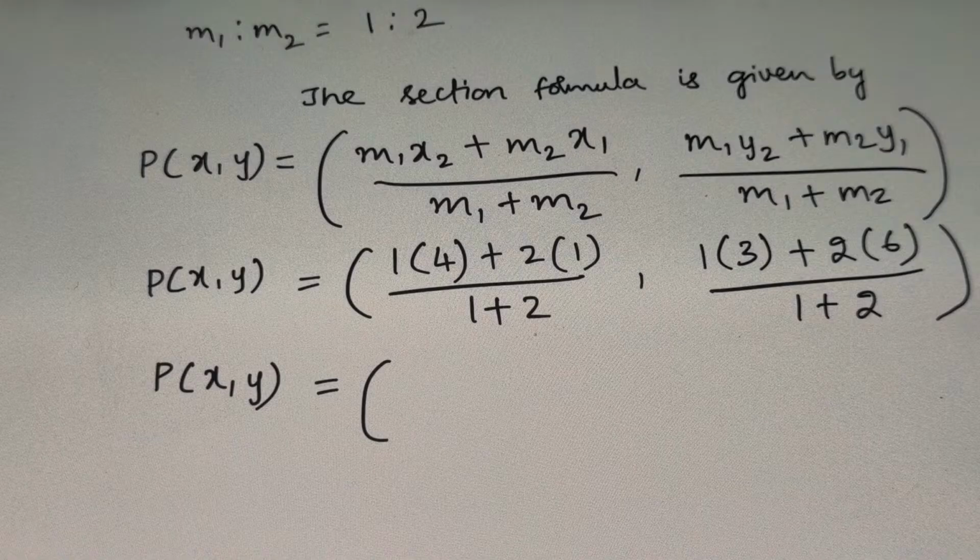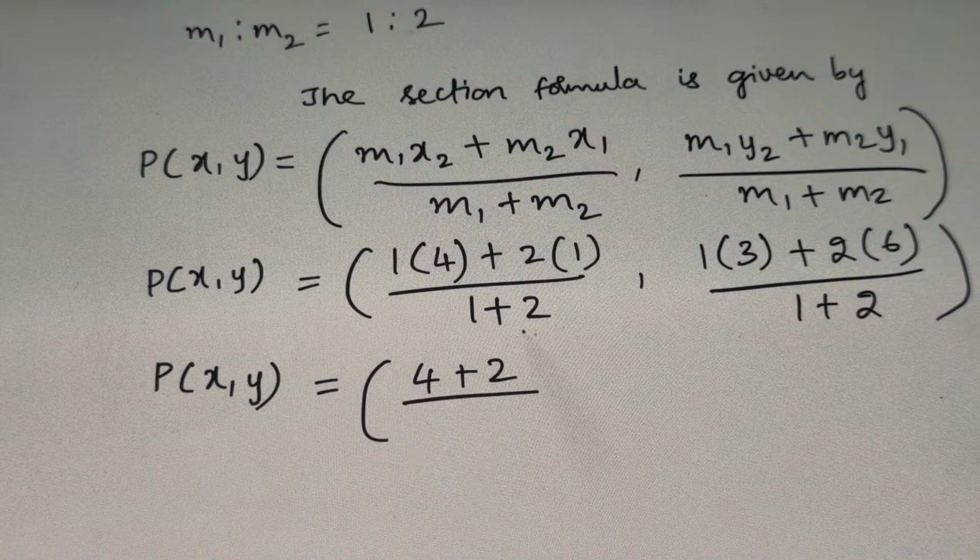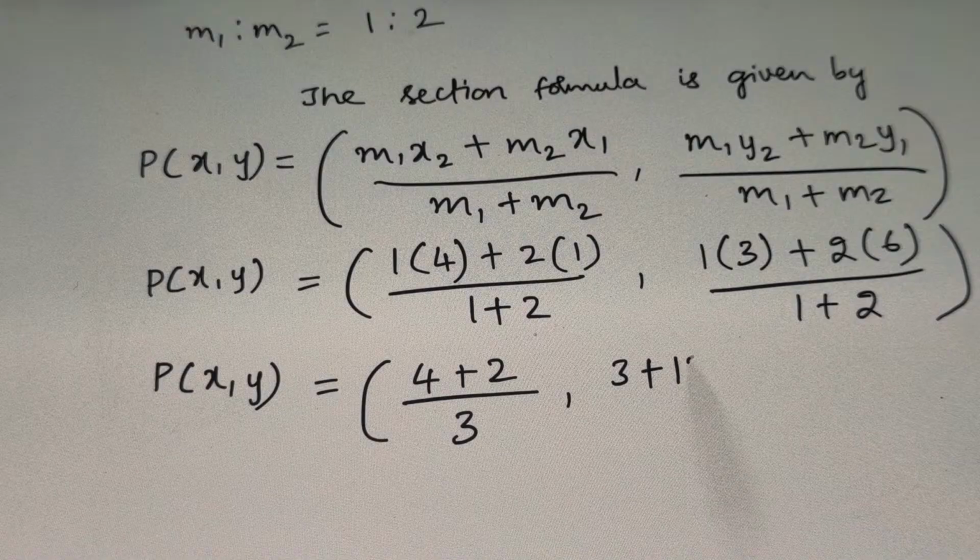P of x comma y is equal to 4 ones are 4 plus 2 ones are 2 divided by 1 plus 2 is 3. Similarly, 3 ones are 3 plus 6 twos are 12 divided by 1 plus 2 is 3.